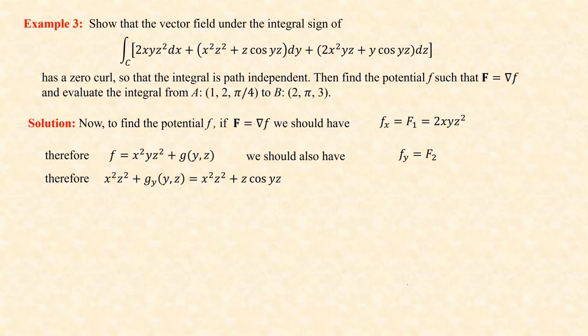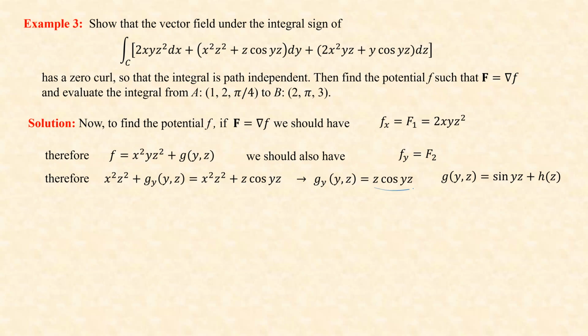That should be equal to the second part, x squared z squared plus z cosine of yz. So then gy should be z cosine yz. Then we integrate that with respect to y. And when we integrate, we get sine of yz plus a constant.